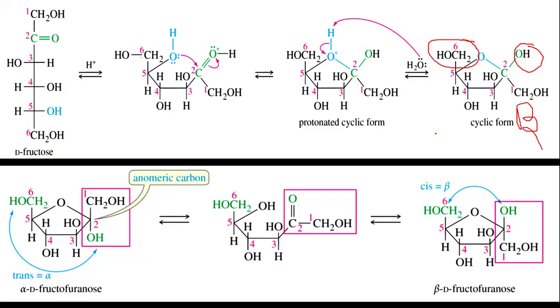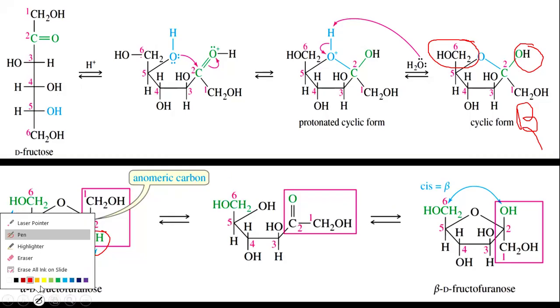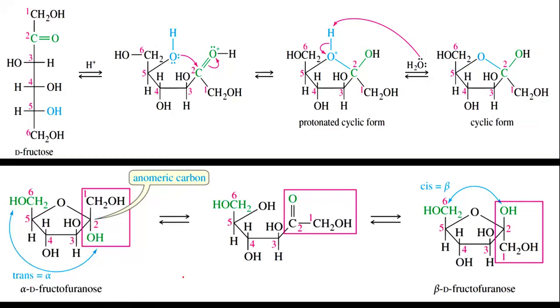If the CH2OH is going to come on the top and the OH at the bottom, then it is called the trans form. This is the relation, so they classify them as trans sugars and cis sugars.